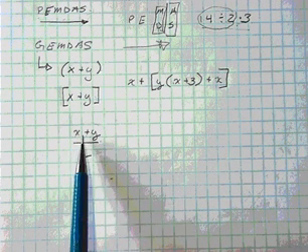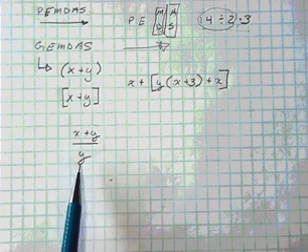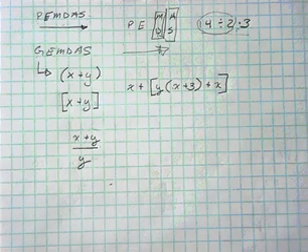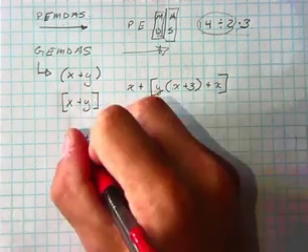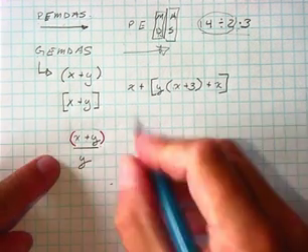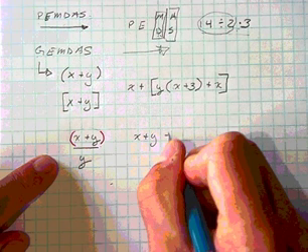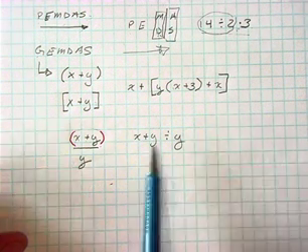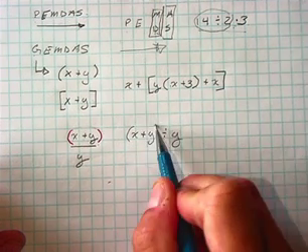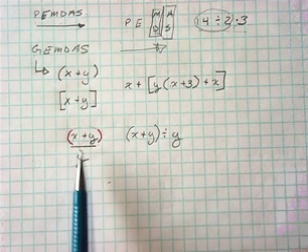X plus Y, all of this is divided by Y. It's not just Y divided by Y, it's all of this being divided. That's why this is all grouped together.